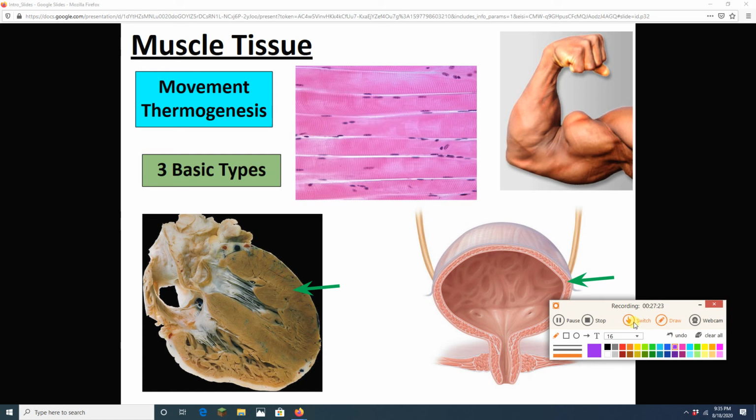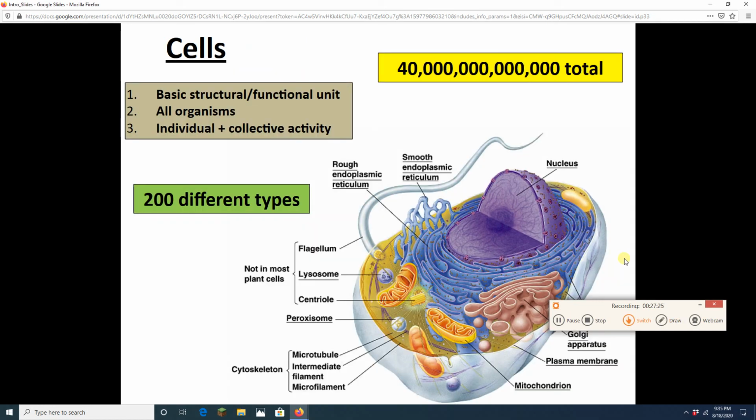What about cells? Let's talk about cells for a second. We know we are multicellular. We're animals. We're multicellular organisms. We probably have 40 trillion cells in our body. A cell is the basic structural and functional unit that we have. Every single living thing is made out of cells. Cells are awesome.